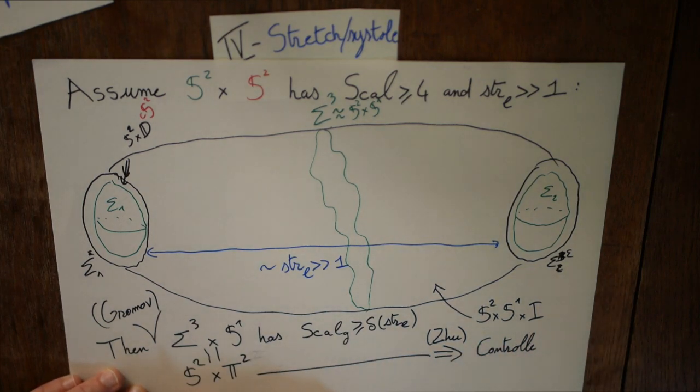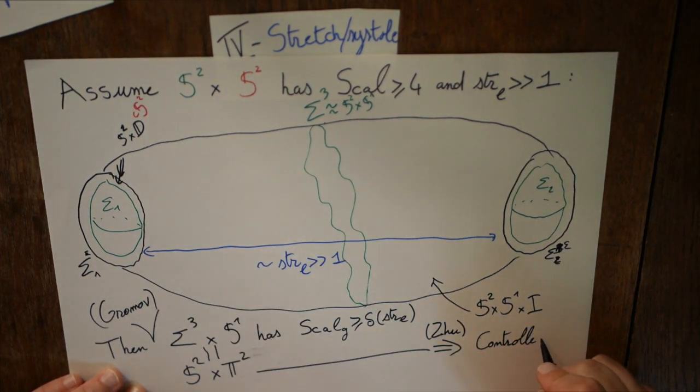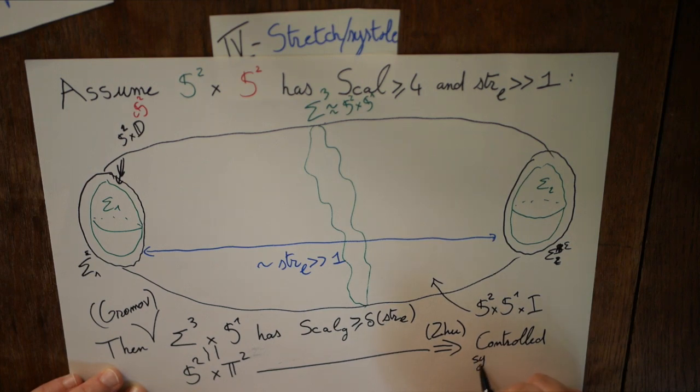And it will come from this factor, which is ultimately this one. Okay, and this ends the proof of the theorem. So once you have both, it's very easy.